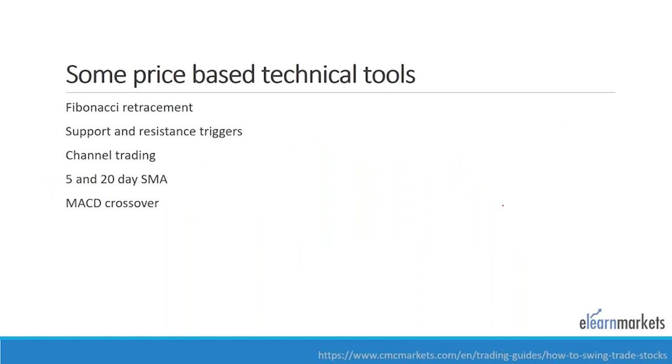These are typical price based technical tools, and friends, I'm a very strong believer in price based tools, because I think if you can understand the language of price, at some point the price itself should tell you that it's going to fall. So focus more on simple technicals where you give a lot of weightage to price.